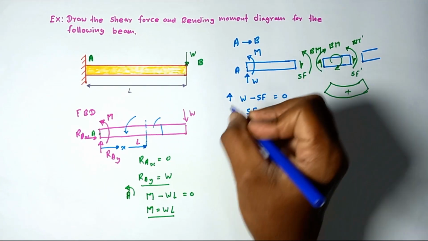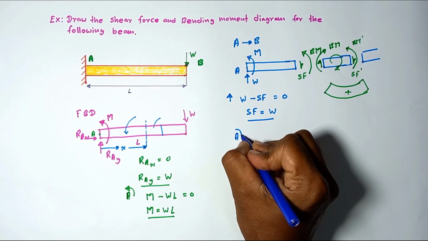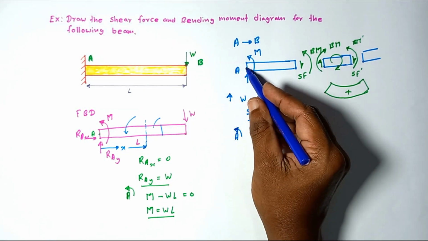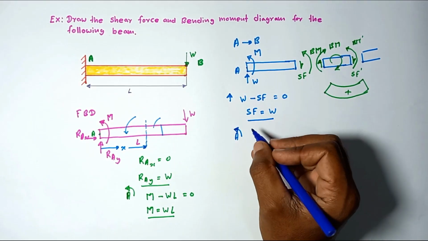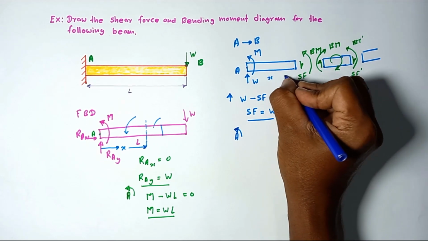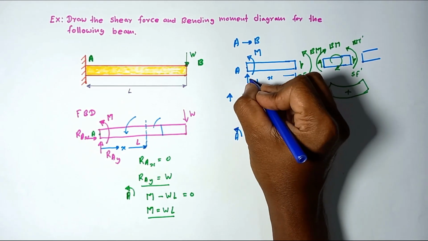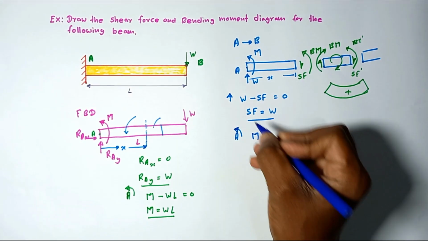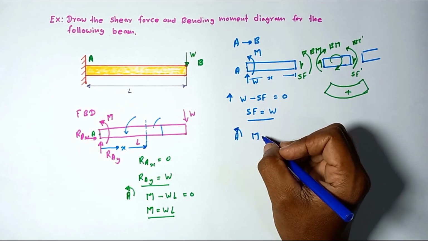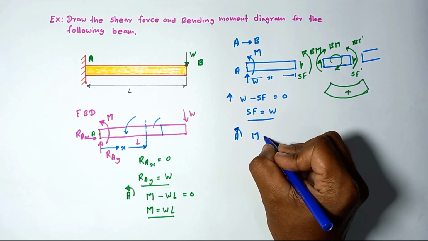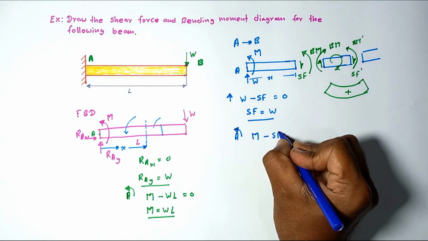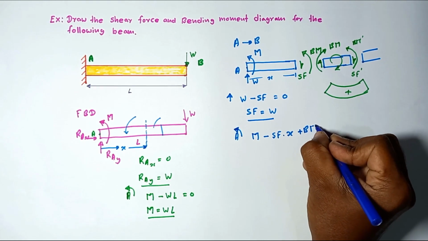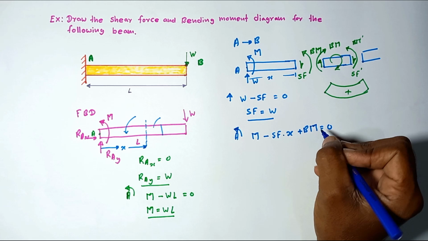To determine the equation for bending moment, we take the moment around the point, where this length is equal to x from this end. Taking the moment produced by the fixed support M, minus shear force into x, plus bending moment is equal to 0.